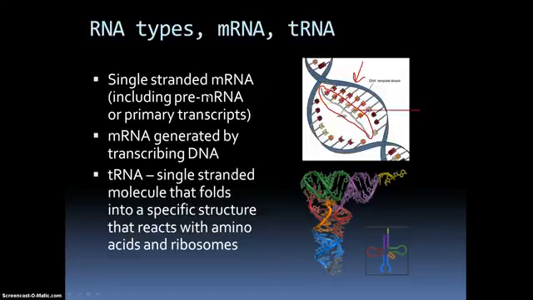We're going to talk about what this means as we move forward, but that's where messenger RNA or pre-mRNA or primary transcripts come from. They are based off of DNA templates. So messenger RNA is generated, and the process is known as transcription. You're transcribing DNA. So that's one type, mRNA or messenger RNA.